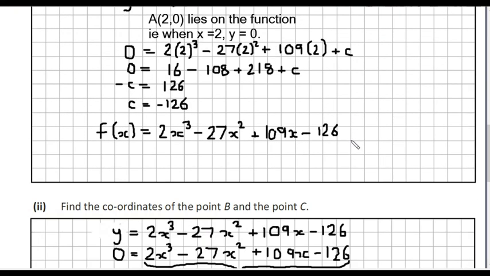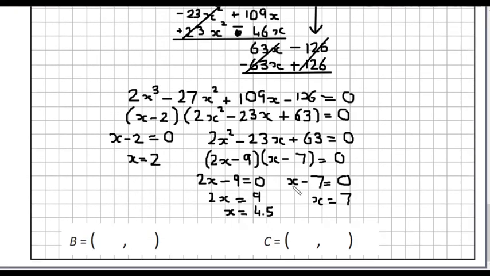And the x-coordinates of those 2 locations are 4.5 and 7. And again, like I said earlier, the y-coordinates are 0. So this one has to correspond to b. So b is going to be 4.5, 0, and the c there is going to be 7, 0. And that is question 4 completed.